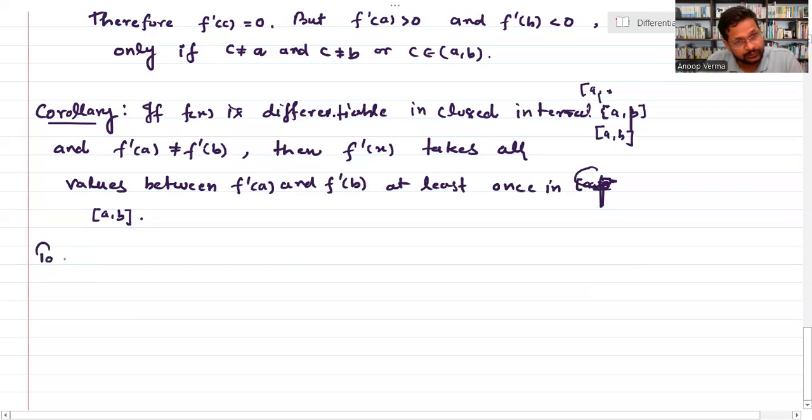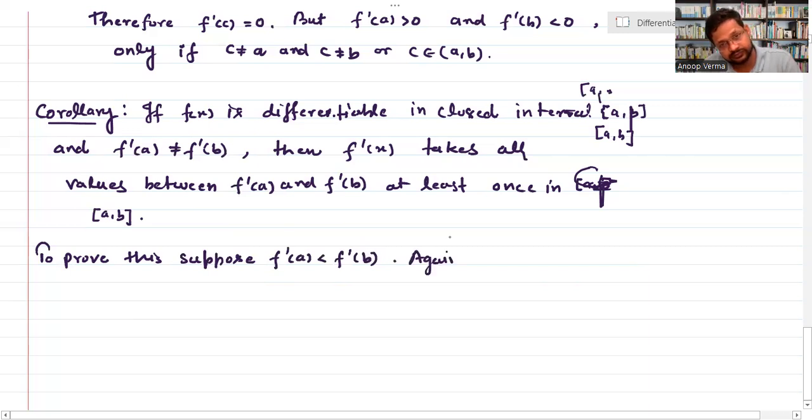So to prove this, suppose f dash a is less than f dash b.